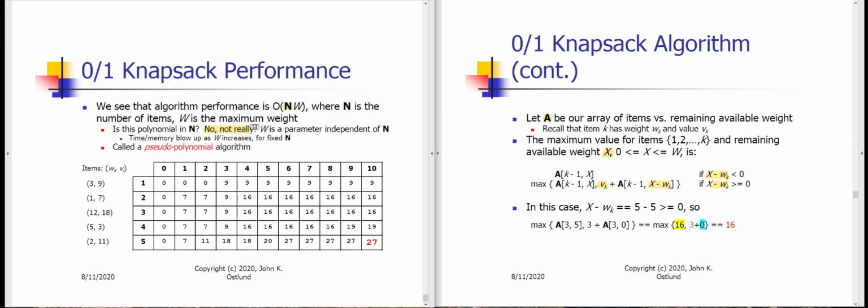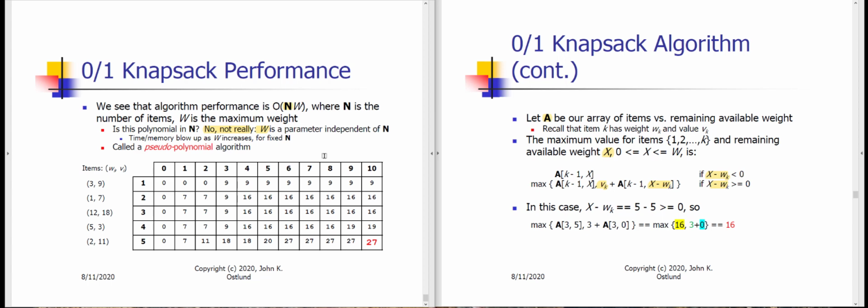No, because w, the number of different weights that we need to account for in this array, is an entirely independent parameter from n itself. W does not depend on n.